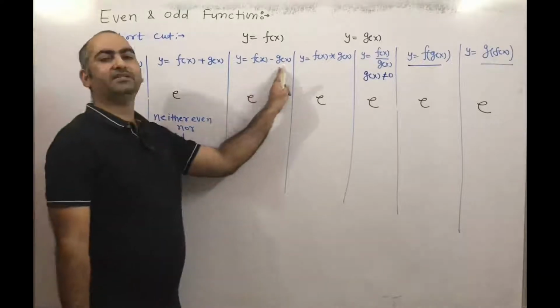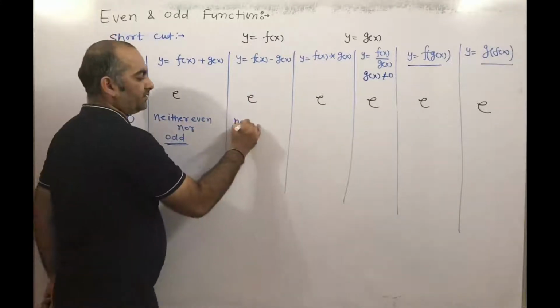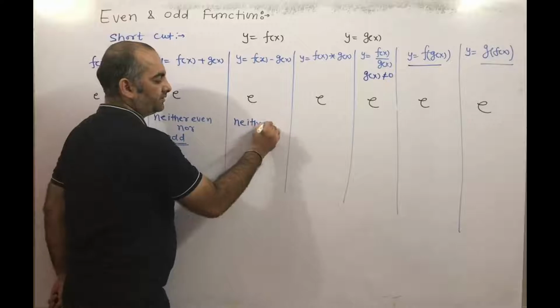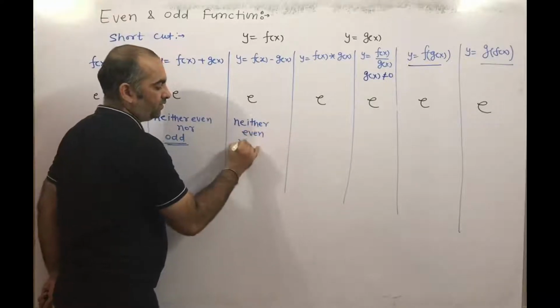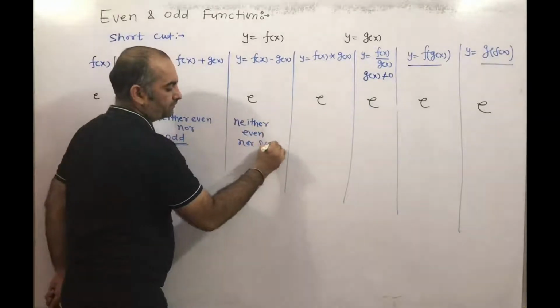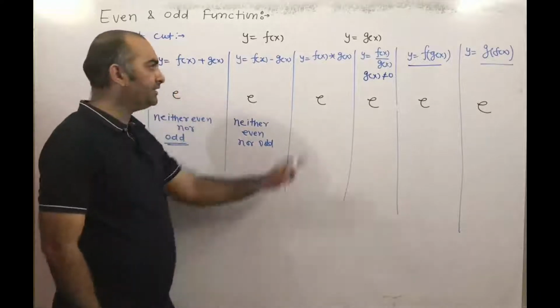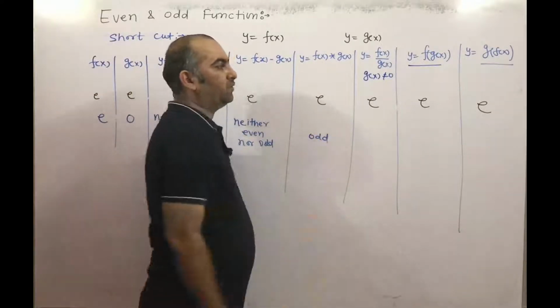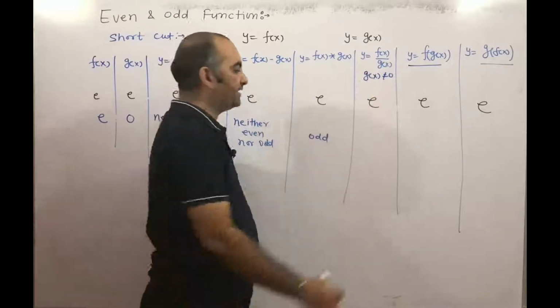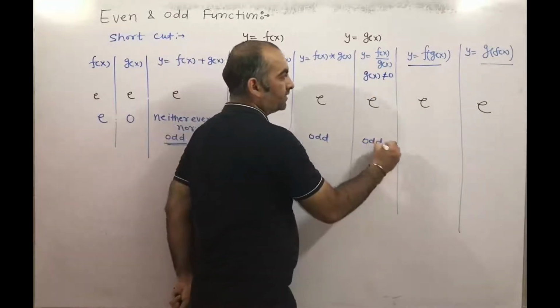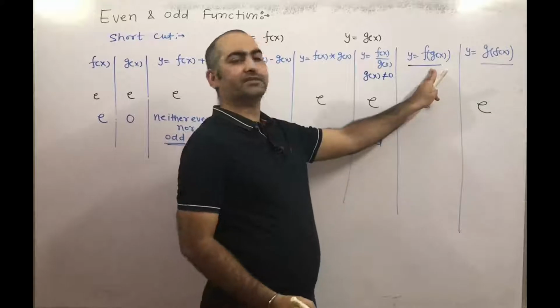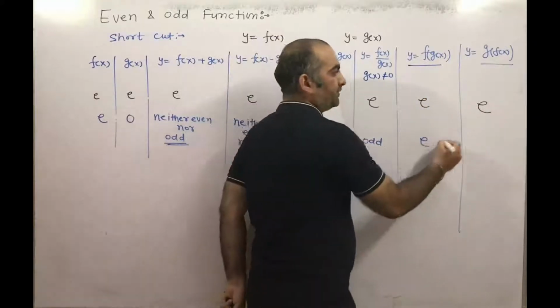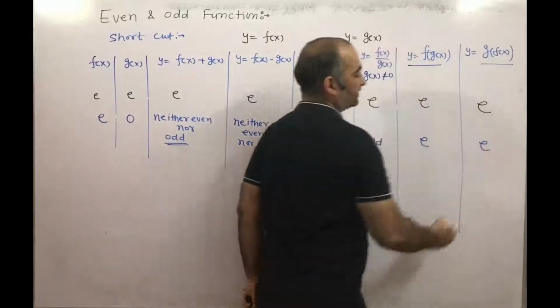Similarly, f(x) - g(x) is also neither even nor odd. f(x) into g(x) will be an odd function. Similarly, f(x) by g(x) is also an odd function, and f(g(x)) is an even function. Similarly, g(f(x)) is also an even function.